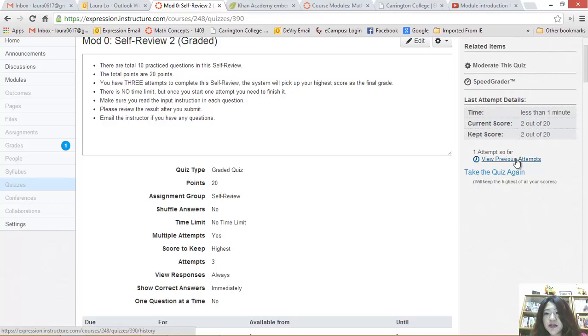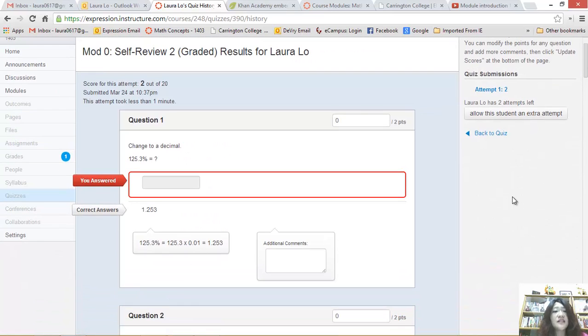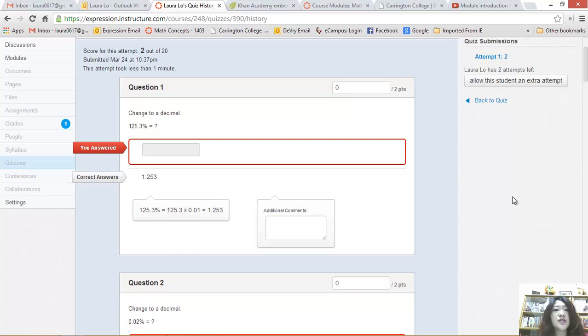But the most important thing I want to show you is that after you submit, you can view your previous attempts. Like I said earlier, self-review is homework. You can refer to your textbook, discuss with your classmates, work with the tutor, and also here you can study by yourself as well.